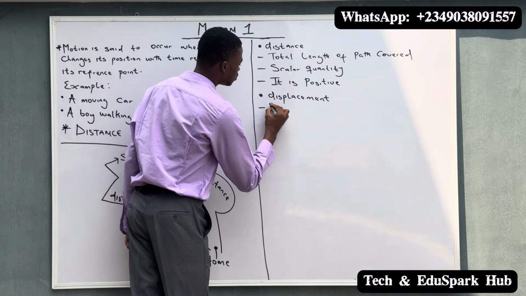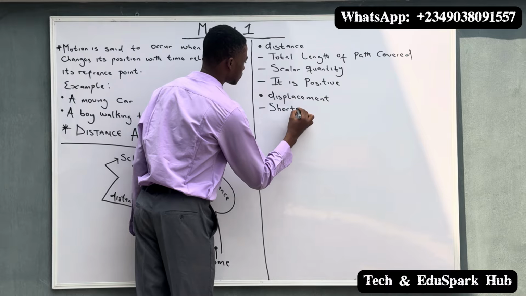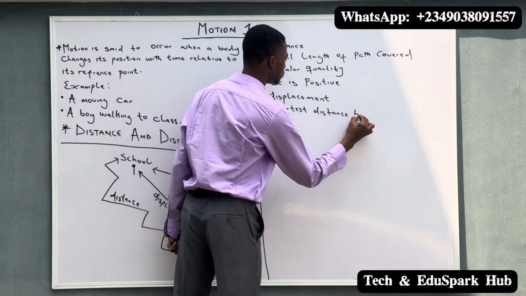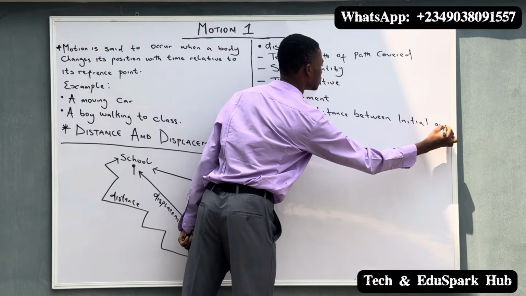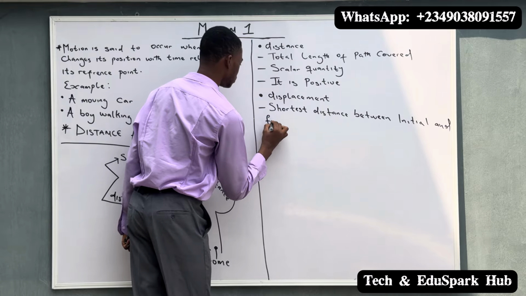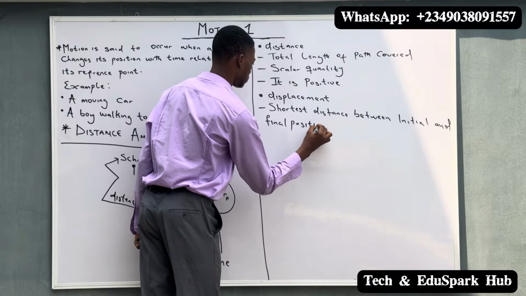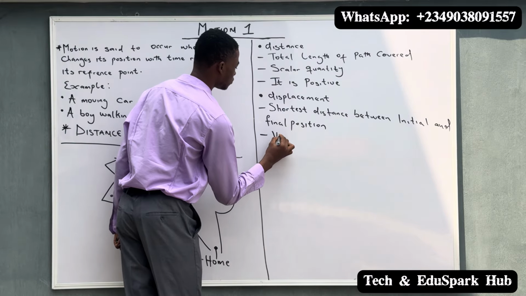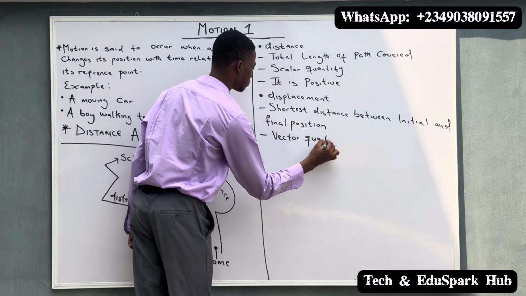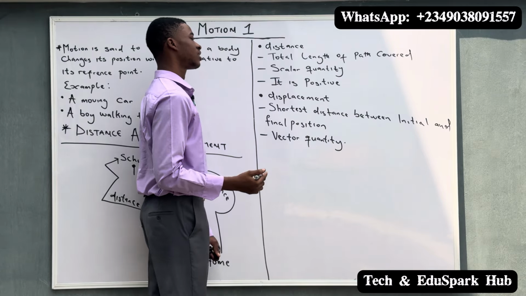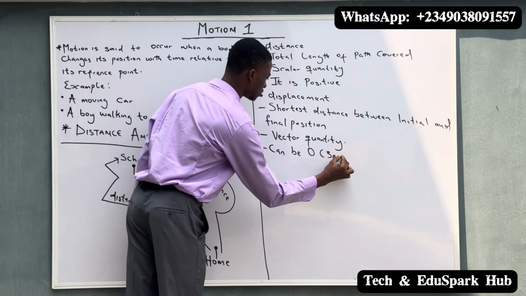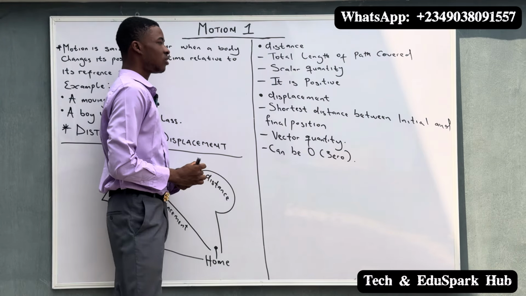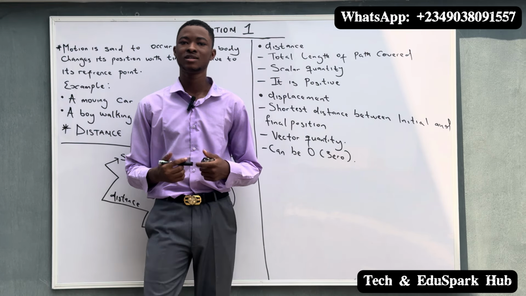Displacement is the shortest distance between the initial and final position. Displacement is a vector quantity, so it has direction and magnitude and can be zero. So this is all to note about distance and displacement.